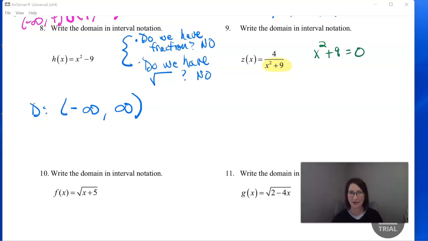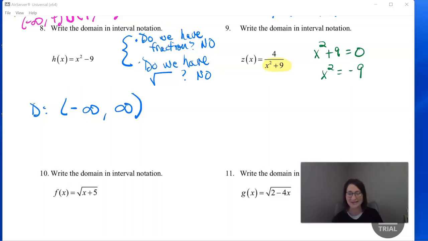I take my denominator, set it equal to 0. Notice through all of this, I completely ignored the numerator. The numerator, even if there was a variable in it, has nothing to do with defining your domain. You only focus on the denominator. Okay, so now I'm going to solve this. X squared equals negative 9.